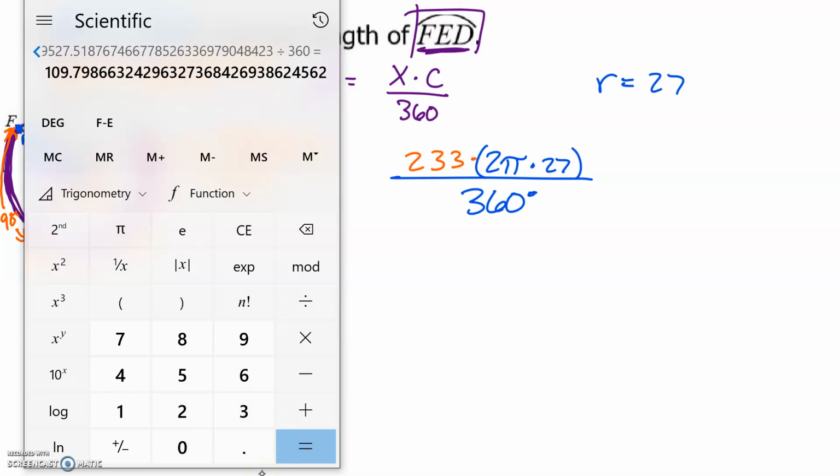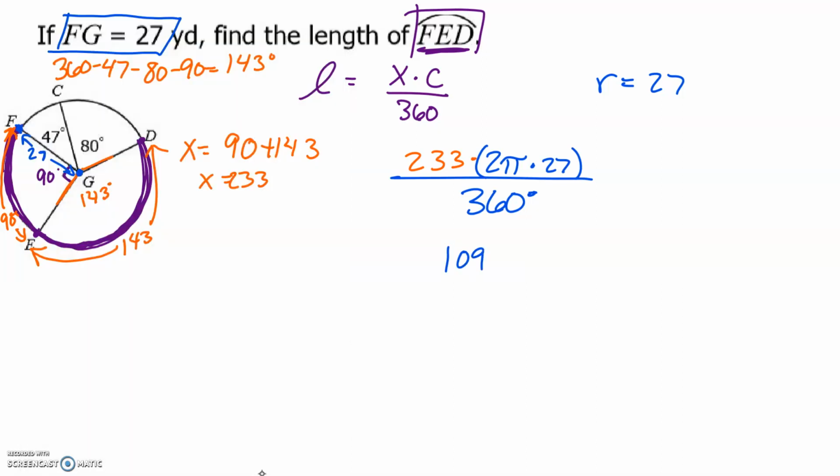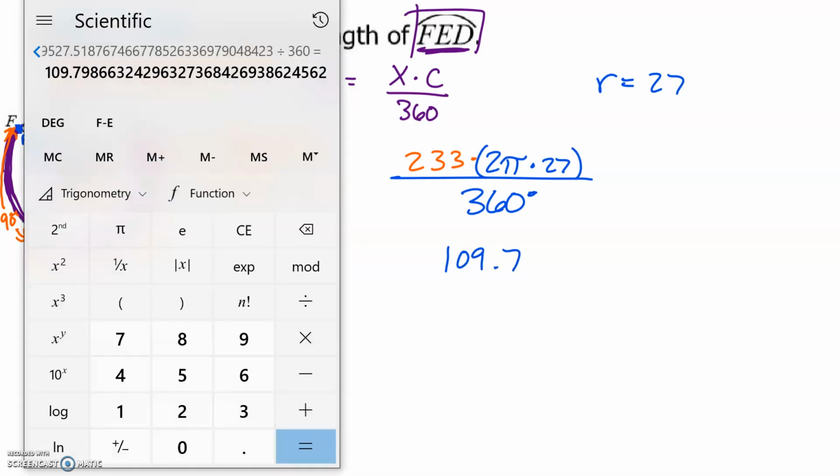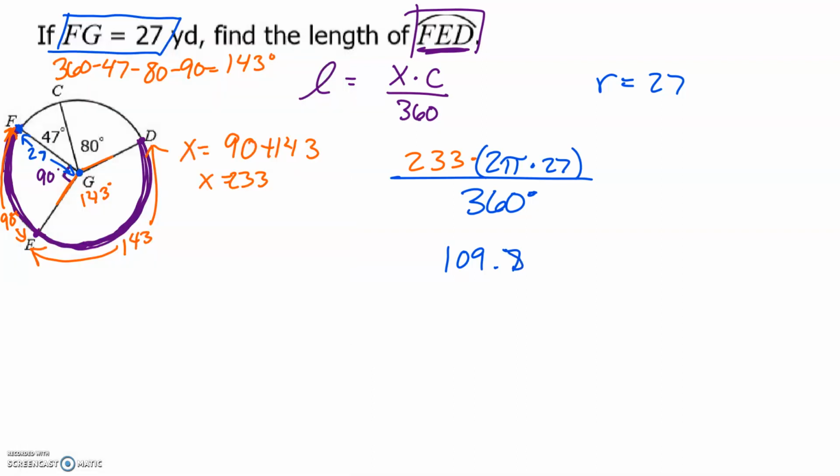So we're going to end up with 109.79, but because of that 9, it's actually going to round up. So that 9 is going to round the 7 up as well. So that's going to end up being 109.8. Don't forget your units, because it is talking in yards, and that would be the length of FED.